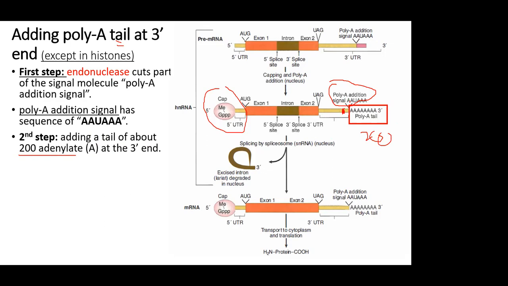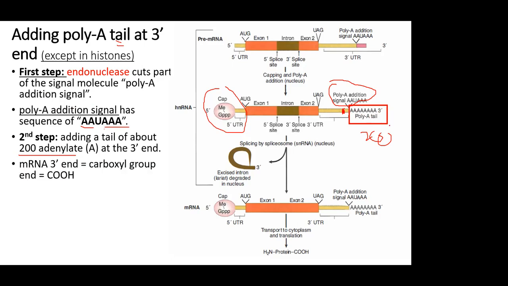The signal has a specific structure: AAA, U, AA, U, then AAA. So first it cuts the part, then attaches the tail that has 200 A's, or adenylates, too many of them. What's the function of the tail? Before that, the addition of the tail is at the 3 prime end.